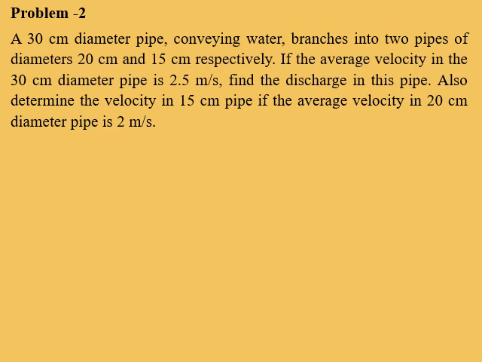If the average velocity in the 30 centimeter diameter pipe is 2.5 meter per second, find the discharge in this pipe. Also determine the velocity in the 15 centimeter pipe if the average velocity in the 20 centimeter diameter pipe is 2 meter per second.